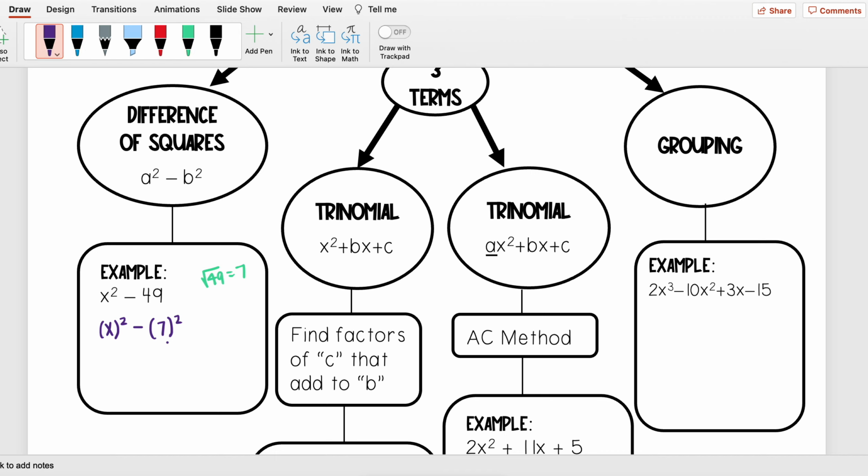And so we learned the pattern with difference of squares is that if we have 2 squares and we're subtracting them, then those always factor out in this form of one being a plus, the other being a minus, and then we just put our x and 7 in there. So I see when I factor out x squared minus 49, I have x plus 7, x minus 7. X and 7 are the same in both, but one has a plus and the other has a minus.